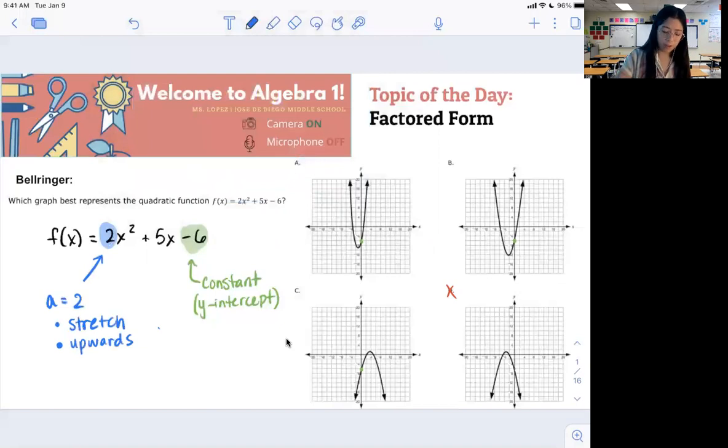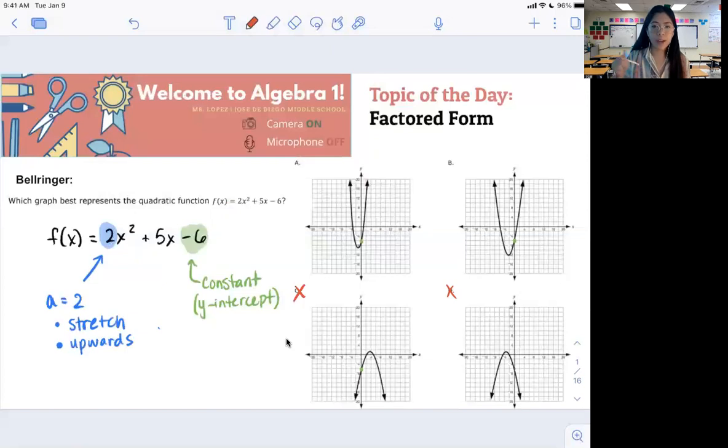So we already got rid of D, but now we're sure that it's not D, and we're also sure that it's not C. Both of those are definitely out. So if you were not sure which one it was going to be, and you told me A or B, I was happy with your answer, because if you chose C or D, then that was a bad guess.